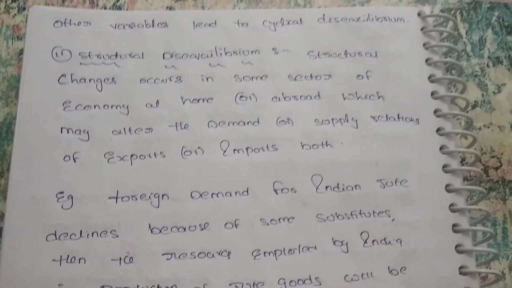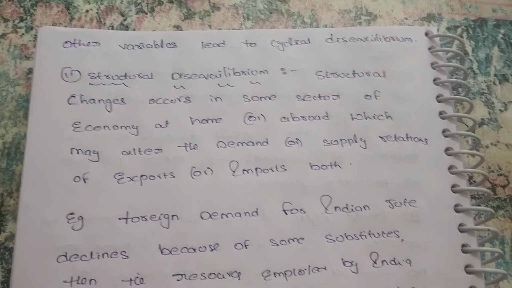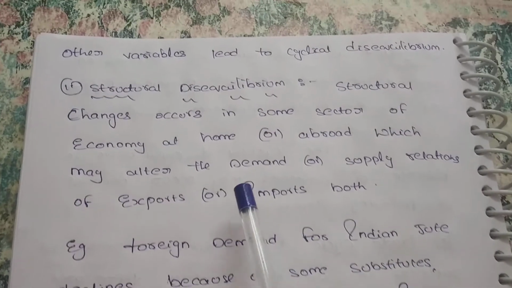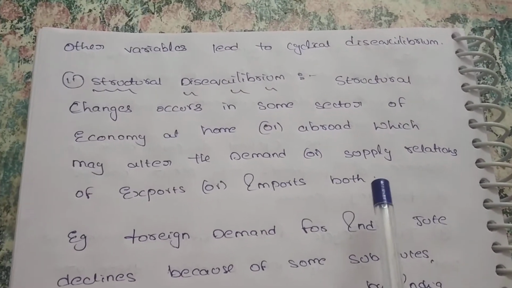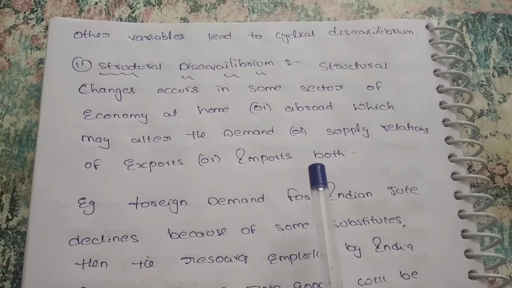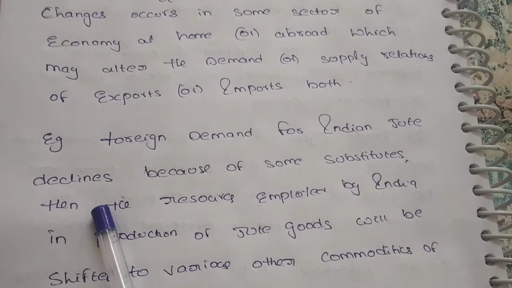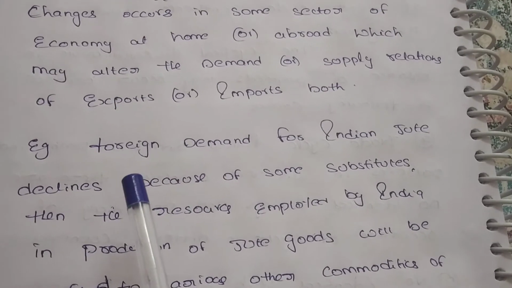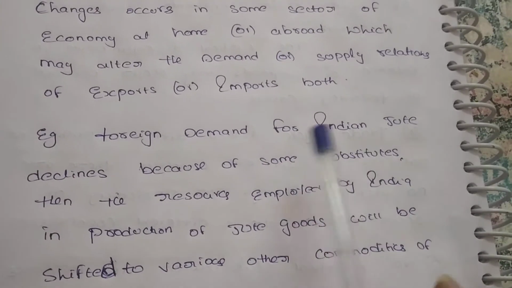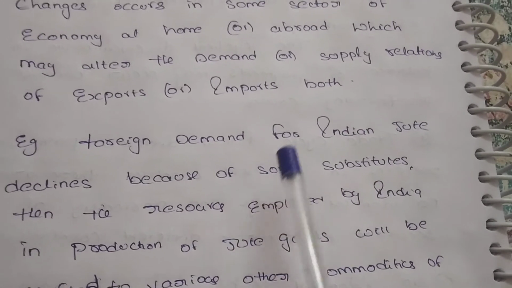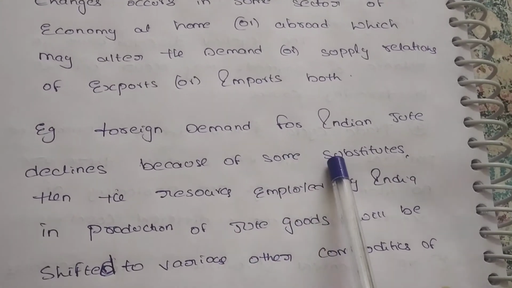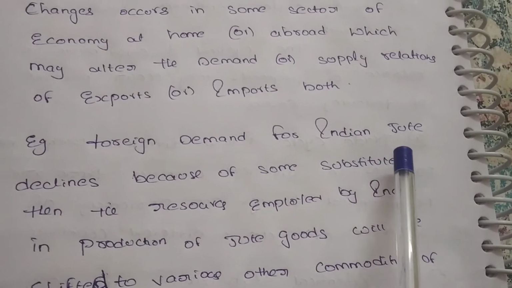Structural disequilibrium is mainly based on some sectors of the economy at home or abroad. There are changes in imports and exports. Structural disequilibrium occurs. Example: foreign demand for Indian jute declines. Our jute products abroad decline because of some substitutes. Some other countries produce the same jute products at very low cost, and then other countries adopt those products.